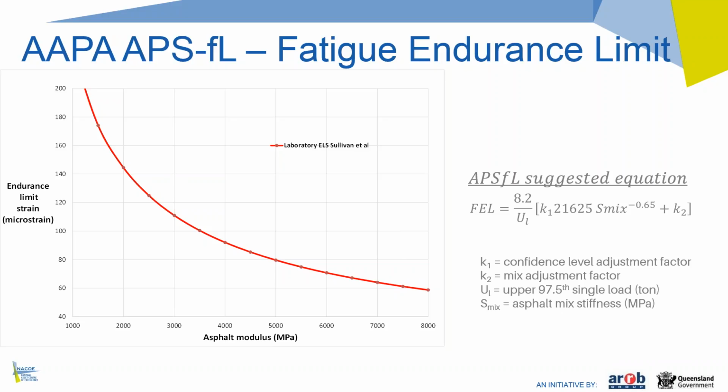This study has taken into consideration a lot of the international studies, and was calibrated using Australian asphalt mixes, and has used some Australian-collected field data. So it's quite a comprehensive study.